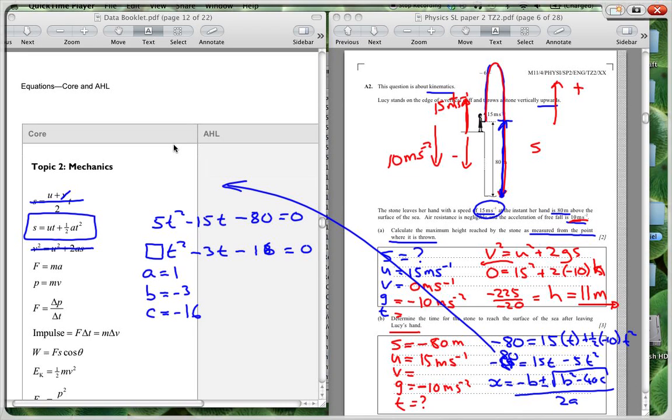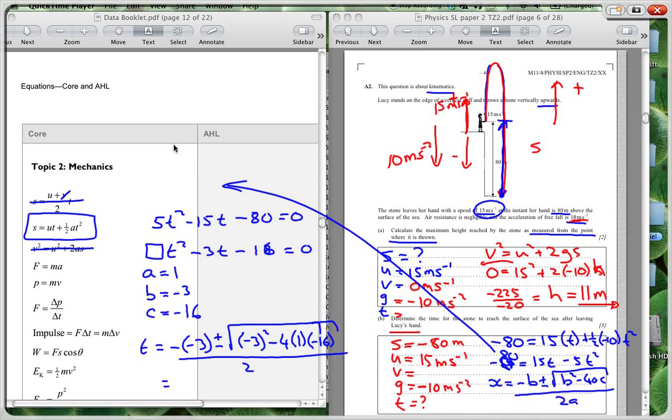So I'm going to get t is equal to minus b, so it's minus minus 3, plus or minus the square root of b squared, that's minus 3 squared, minus 4 times a, which is 1, times c, minus 16. And we're going to divide all by 2 times a, which is 2.